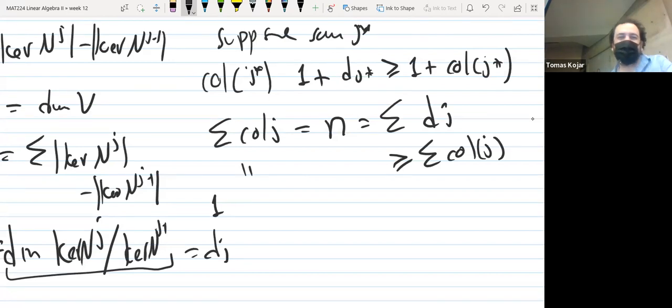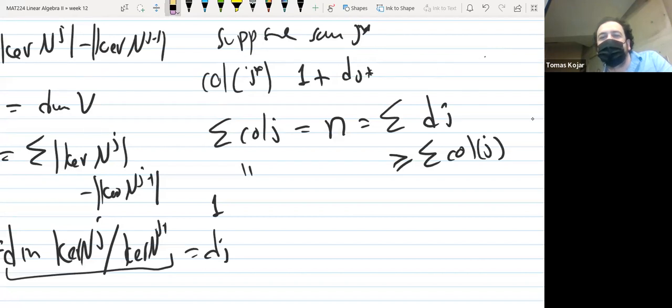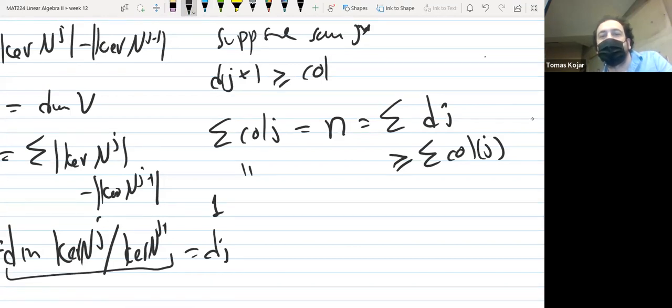I want to do it the other way. This d_j star is bigger or equal to column of j star plus 1.